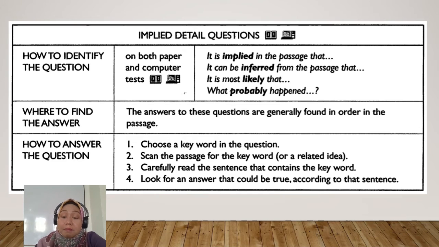And then, the same as the previous one, the answers to these questions are generally found in order in the passage. To answer the question, you can choose a keyword in the question and then scan the passage for the keyword, carefully read the sentence containing the keyword, and look for the answer that could be true according to the sentence.